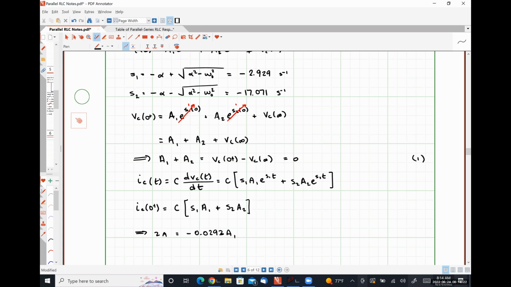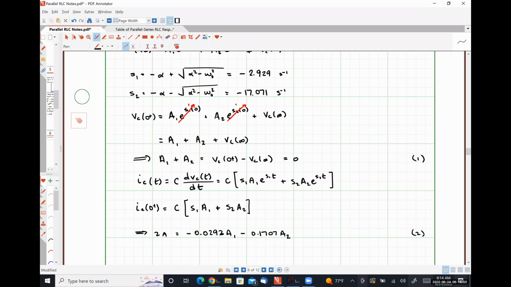And now I'm going to multiply C times S2, and I'm going to have minus 0.1707 A2. And this is my second equation.